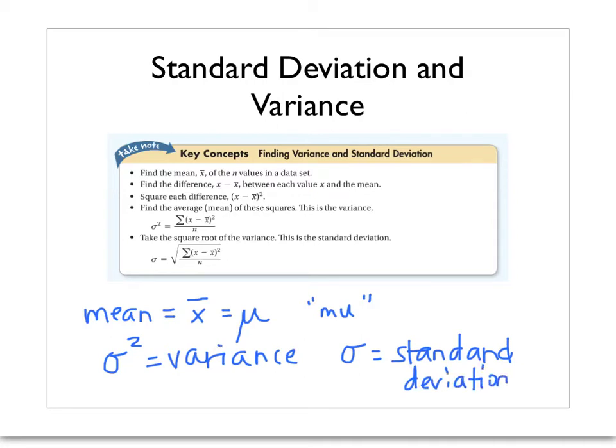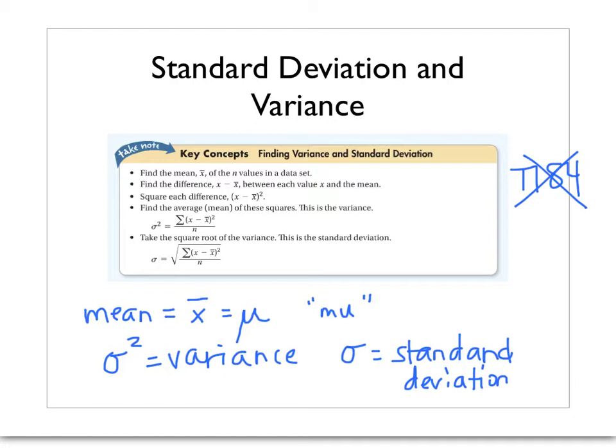These formulas are really a set of steps of how to find it, and I'm going to explain what this big E-shaped letter means, etc. But it's good to have an idea of what you're actually supposed to do. The square root of the variance, the sigma by itself, is the standard deviation. And again, this is another thing we will learn how to do on the TI-84, but before we learn how to do it on the TI-84, you have to be able to do it by hand at least once so that you have a clue.